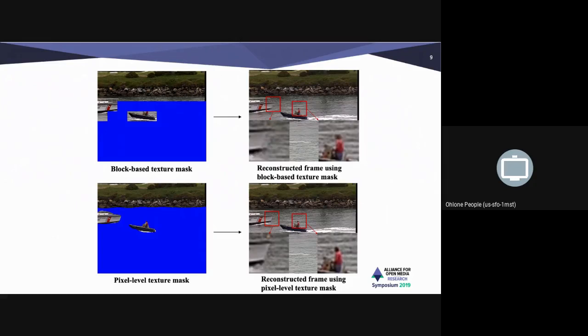For example, in this Coast Guard sequence, the anchor part of the boat and part of the head are not very well represented with this block-based approach. So we later switched to a pixel-level texture representation, which is more precise and helps overcome some of these challenges we had earlier.